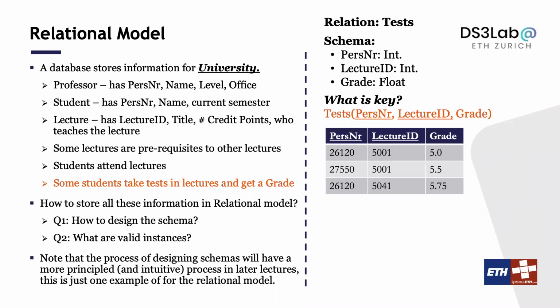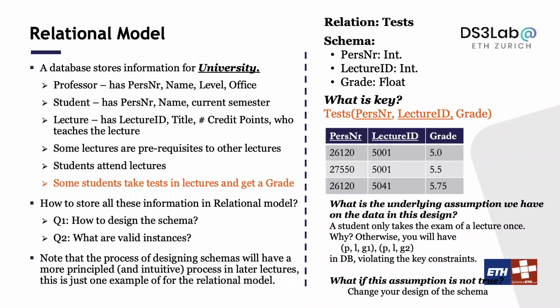The implication is that a student only takes the exam of a lecture once. Why? Because otherwise you are going to have two tuples with the same student, same lecture, different grade. It's going to violate our key constraint. So this is the underlying assumption that we have.